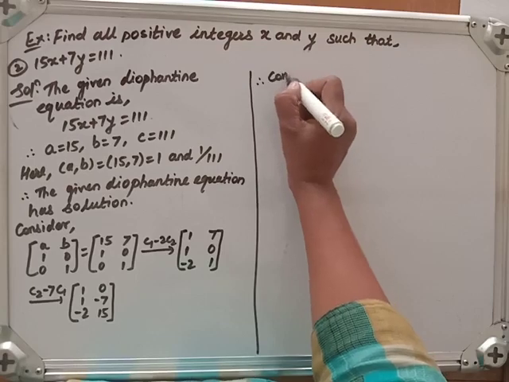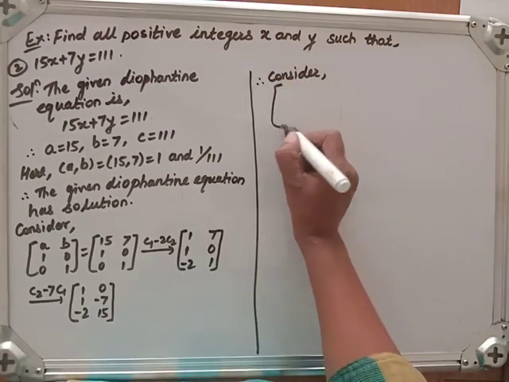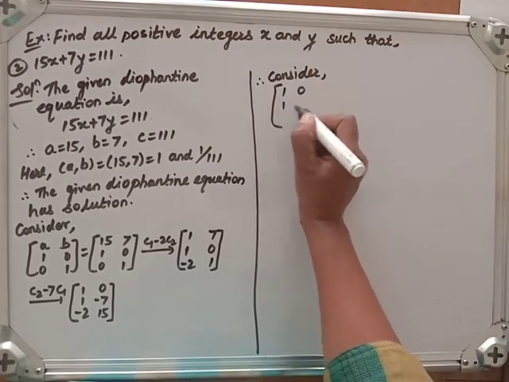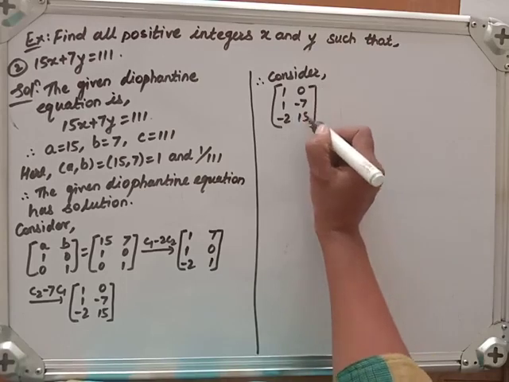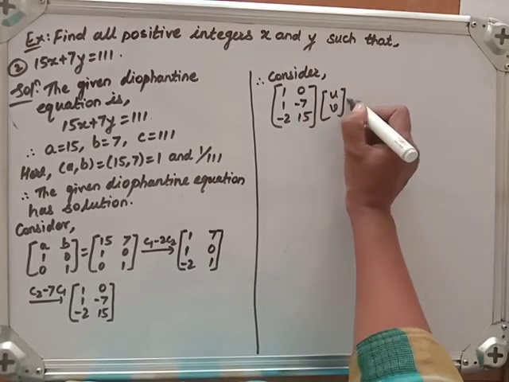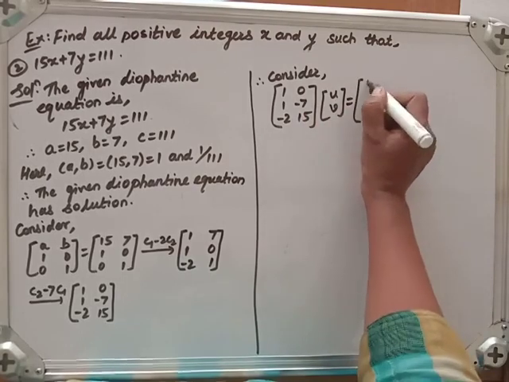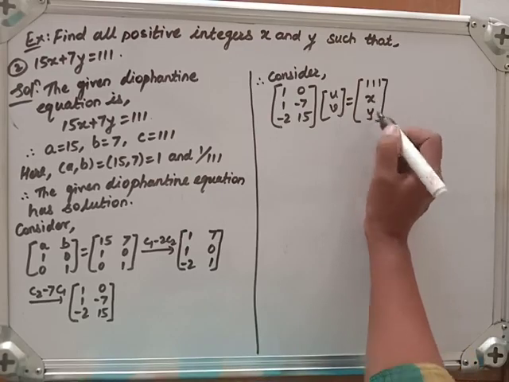Therefore, again consider this system 1 0 1 minus 7 minus 2 15 multiplied by u and v, equal to 111, x and y. Our aim is to determine x and y.